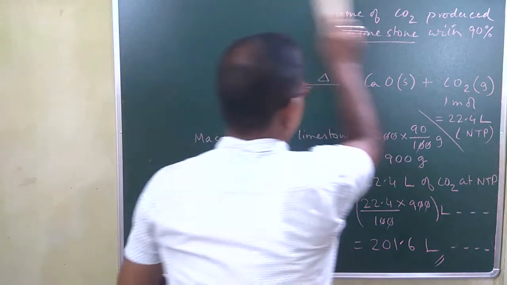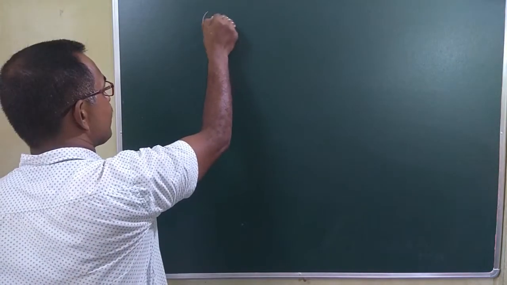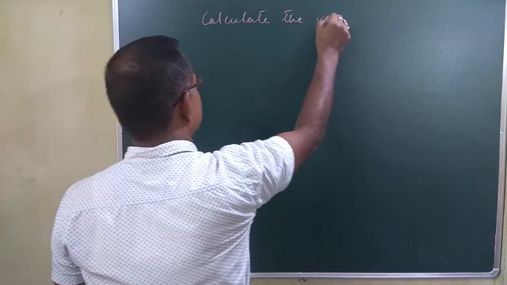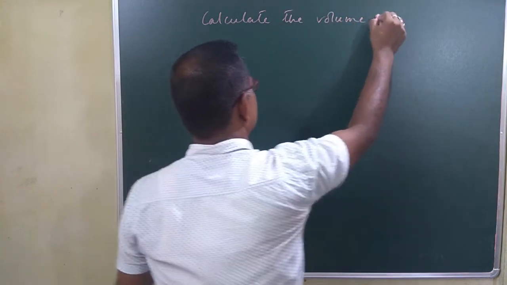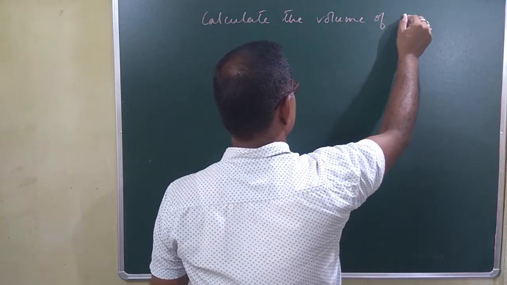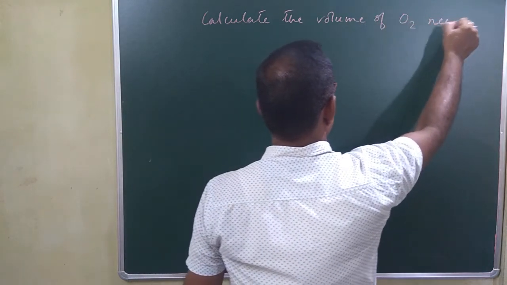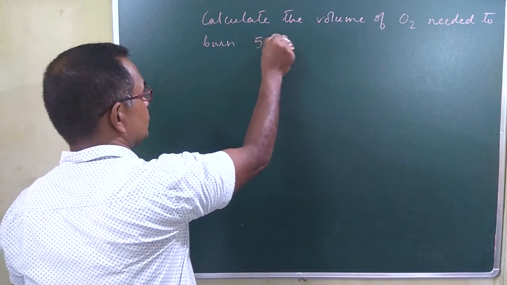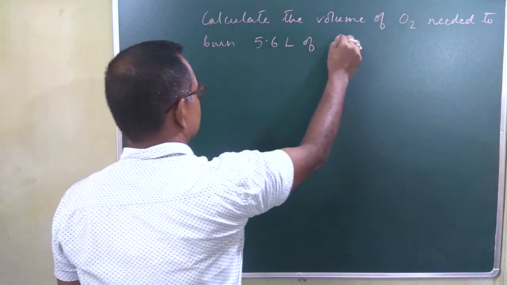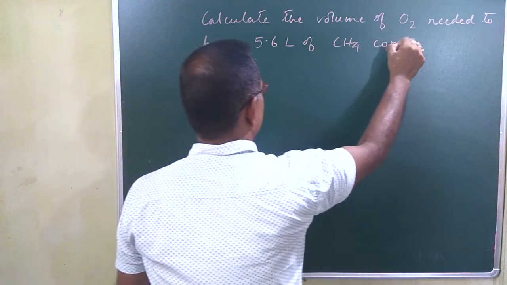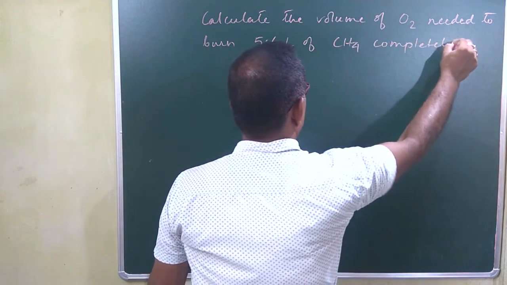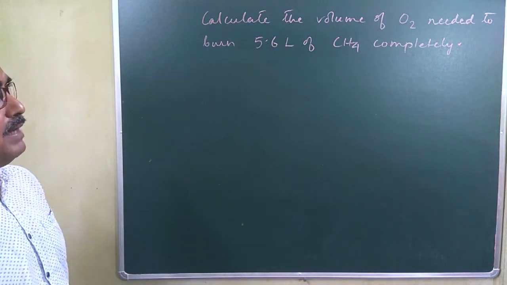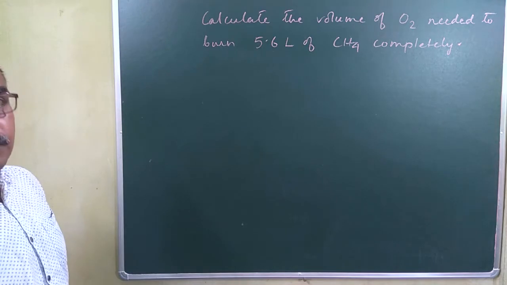Let us have a problem. Calculate the volume of oxygen needed to burn 5.6 liter of methane completely.